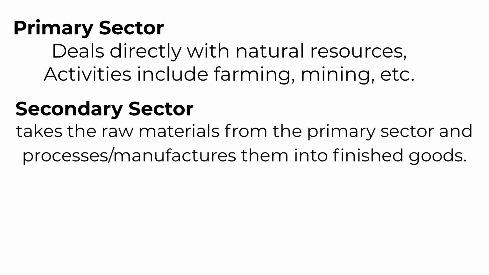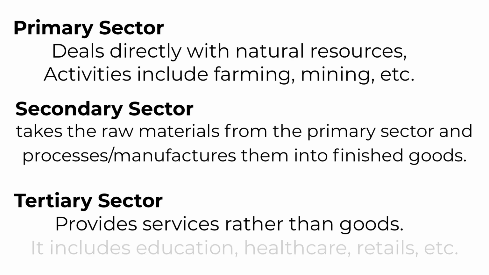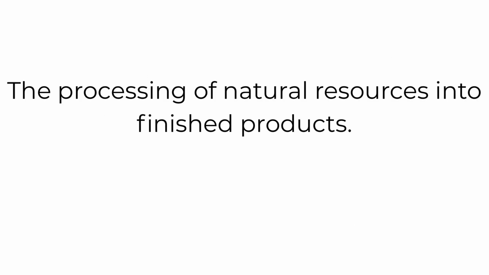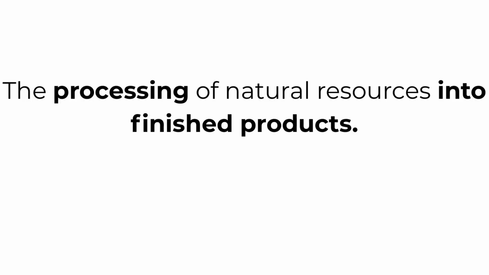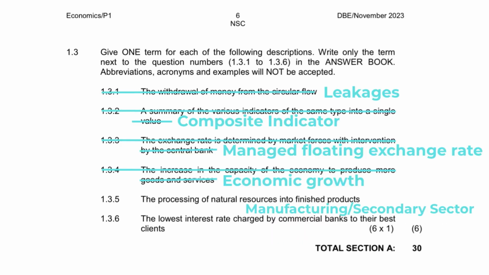It includes factories, construction, and production industries. Lastly, it's the tertiary sector that provides services rather than goods. It includes education, healthcare, retail, and other service based industries. So, in our case, the statement says the processing of natural resources into finished products. Therefore, we say that this is the manufacturing process, and yet again, it's the secondary sector.